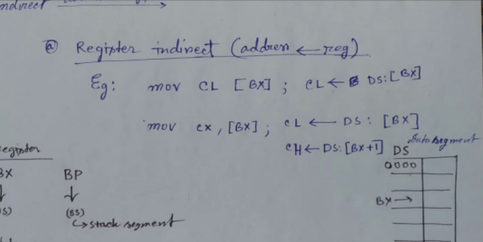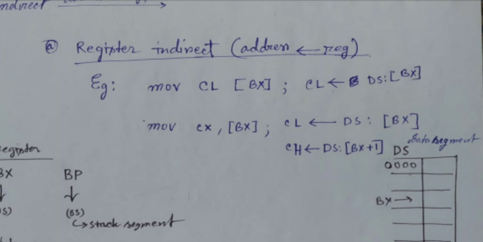What does it mean? BX is not giving the data. BX is an address. CL is getting the data whose location is BX in the data segment.